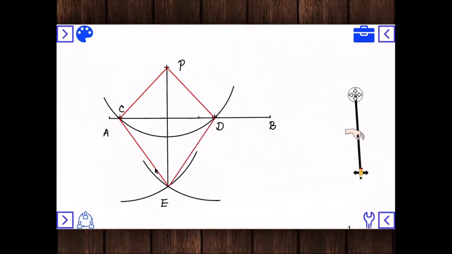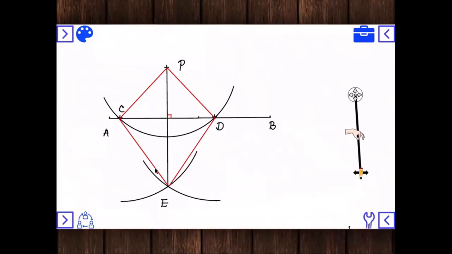Okay, now we have two triangles, right? PCE and PDE. How do we prove that PE is perpendicular to AB? We need to prove this angle is 90 degrees, right?